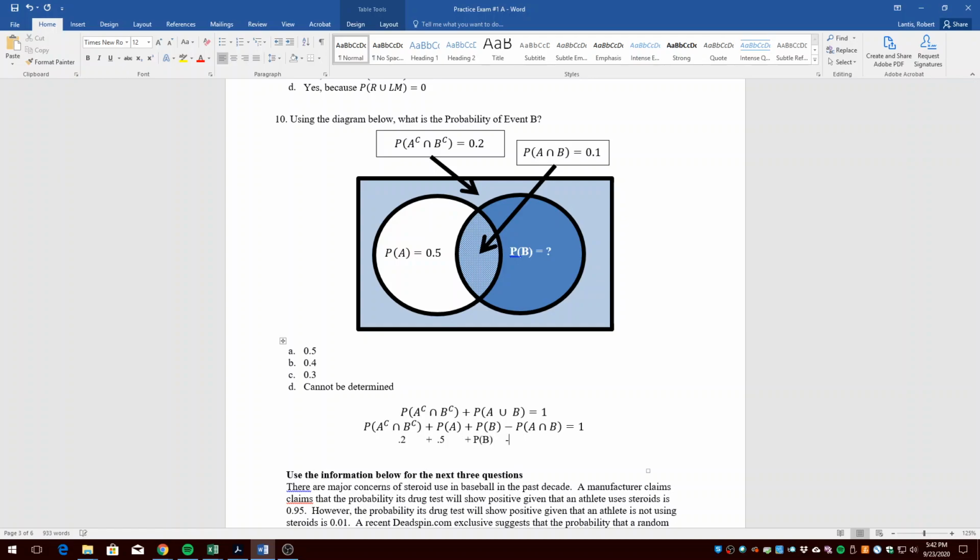And then subtract what I double counted, which is this intersection of 0.1. All those things have to add up to 1. And at this point, it's just a little bit of algebra to solve for what B is. So 0.2 plus 0.5 minus 0.1 is what? 0.6. So I subtract 0.6 from both sides, and I'm left with the probability of B would then be 0.4. Okay.